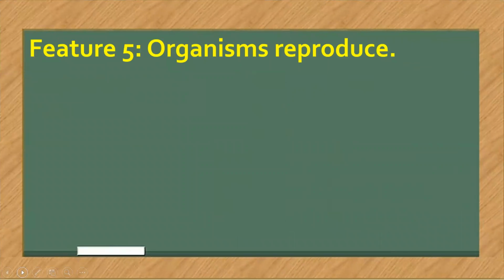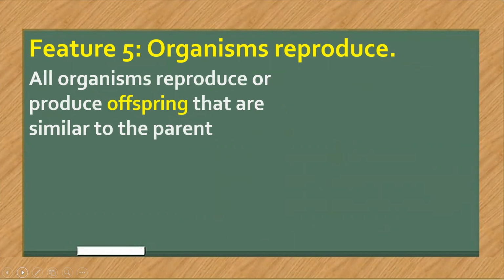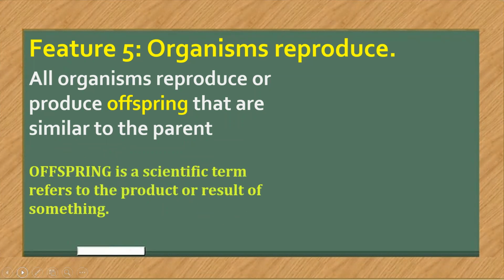Feature 5, organisms reproduce. All organisms reproduce, which is to produce offspring that are similar to the parent. Offspring is a scientific term that refers to the product or result of something.